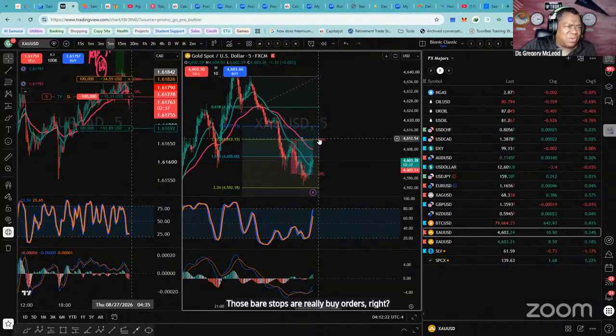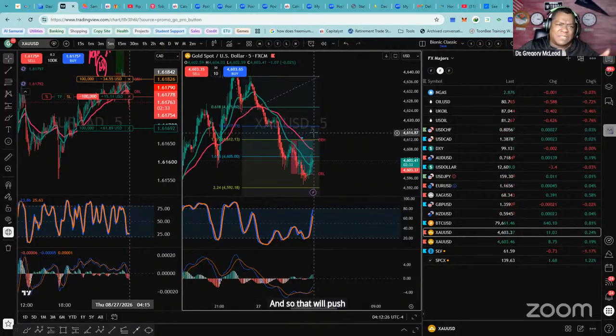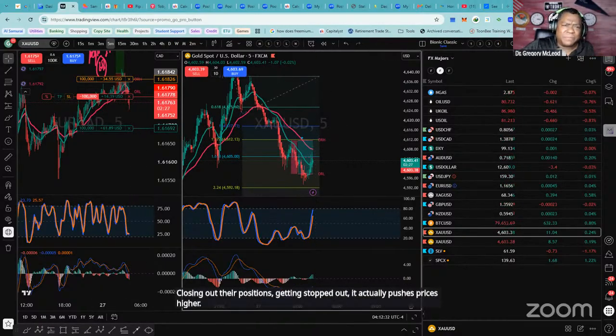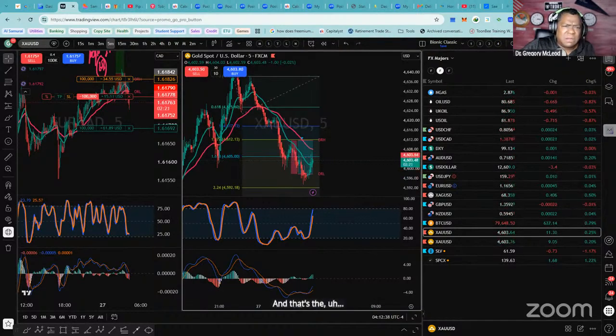You can close out your sell with a buy. And so that will push price up as the bears are closing out their positions, getting stopped out. It actually pushes prices higher. And that's the really cool thing about waiting for it to break that is that it's going to force people to liquidate.